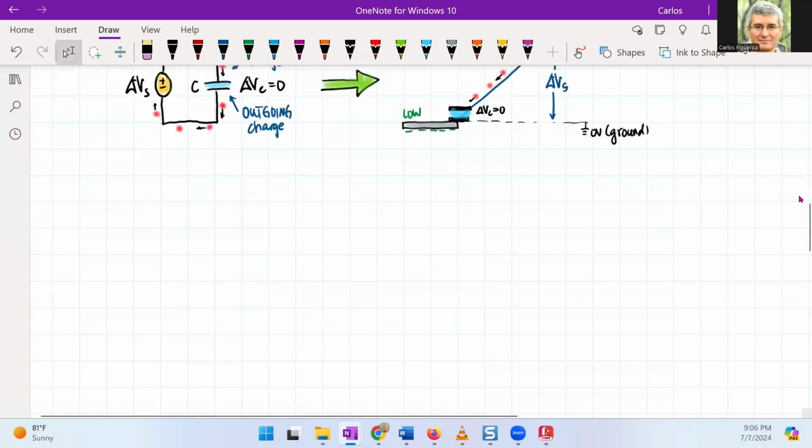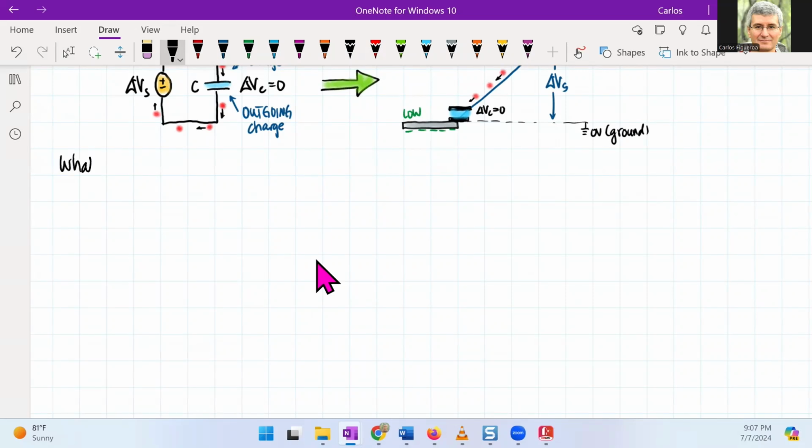If I start to look at this thing, I'm going to ask, what does current flow mean for a capacitor?